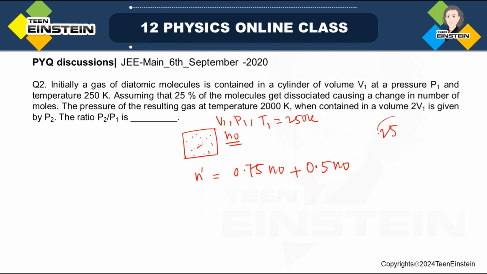See, 25% of molecules are dissociated, so the remaining 75% has moles 0.75 n0, and the 25% which got dissociated will provide 0.5 into n0 moles.